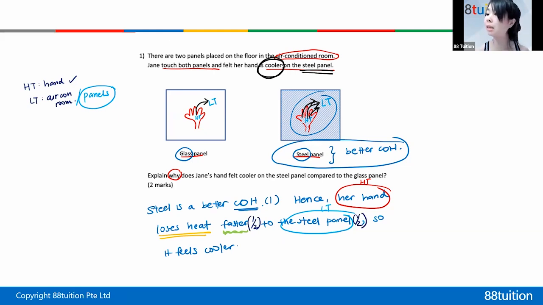So I need to see where the heat is flowing from where to where, and comparing faster or slower. Li-Ling, do you understand? Everybody understand how to answer a question like that? This was similar to the question that came out at the last open-ended question. If you all want to copy it down.